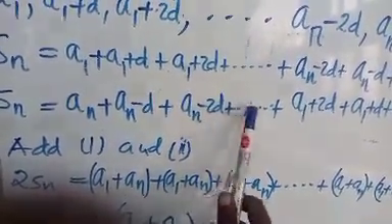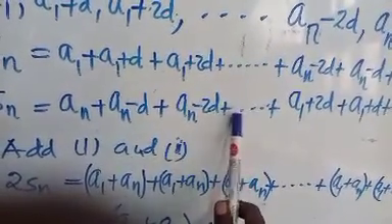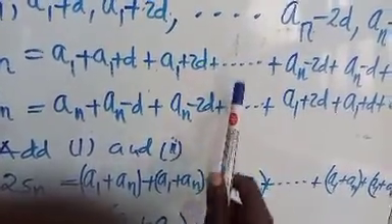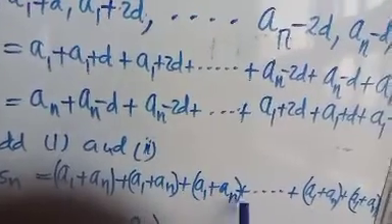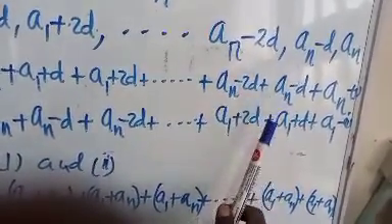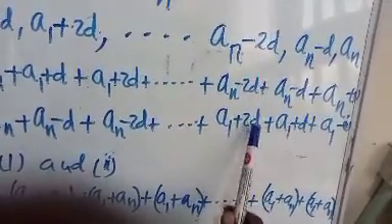So the process will continue. Here there are so many terms, and when we continue with this process, we will remain with a1 plus an, a1 plus an, a1 plus an, because these values of common differences, when added, give us 0.